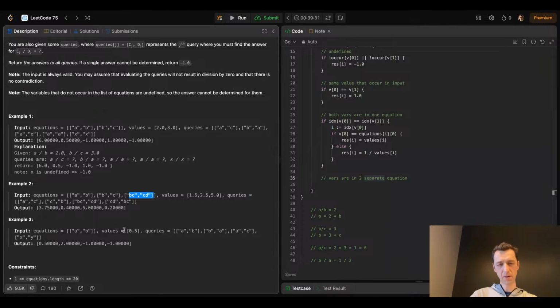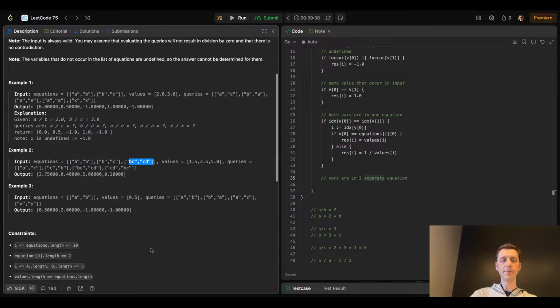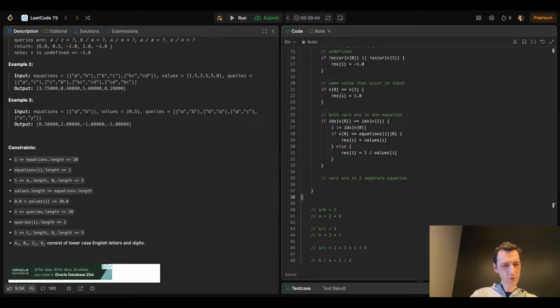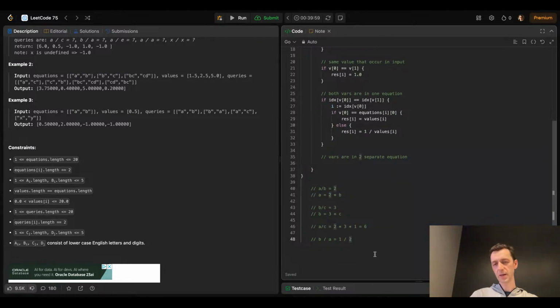Now A, B, A, B, B, A, A, C, X, Y. What if there is, because I mean the variables, the equations. Could it be that the case is, that's a simple case, we'll already take care of it.